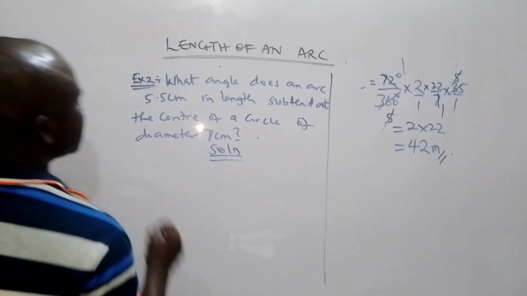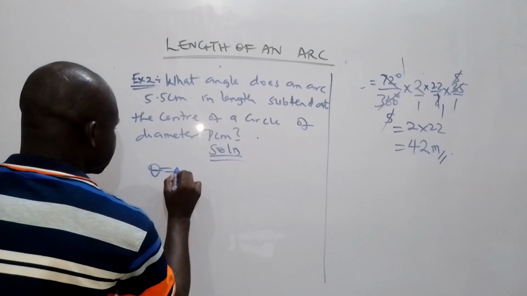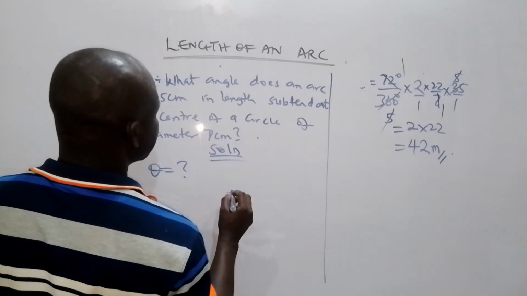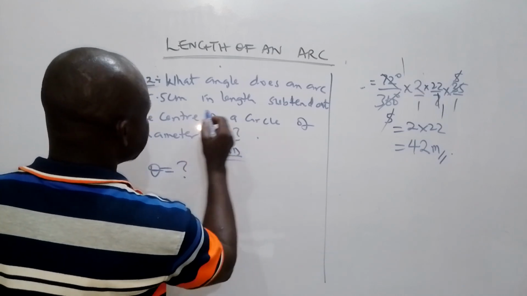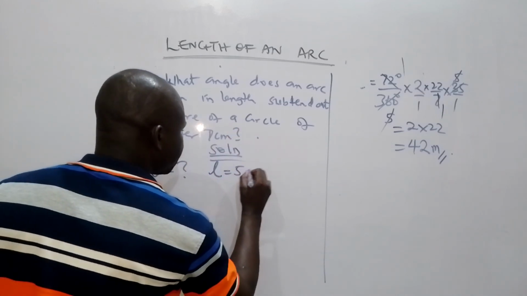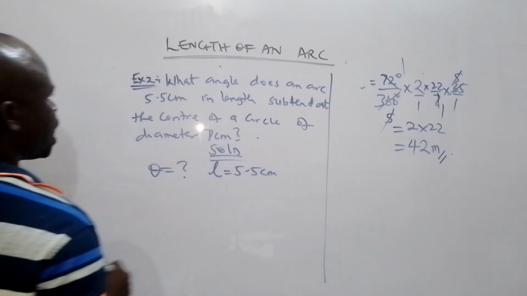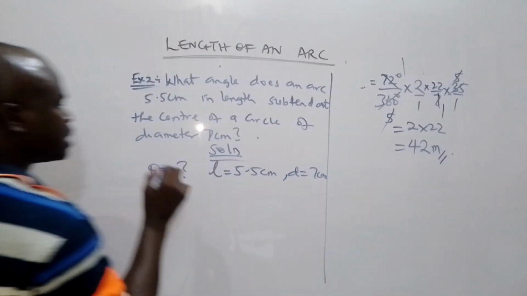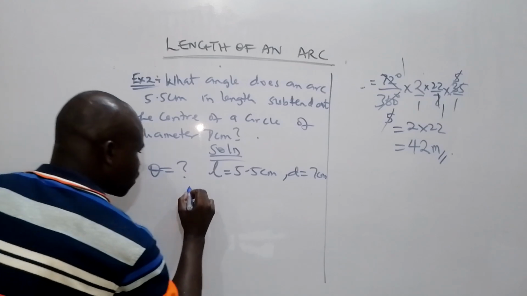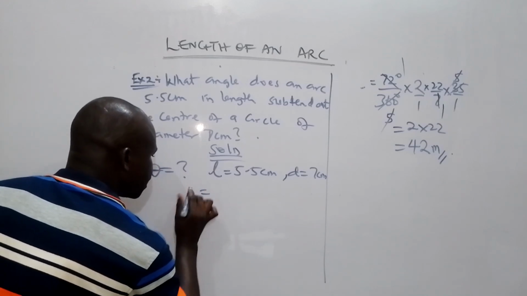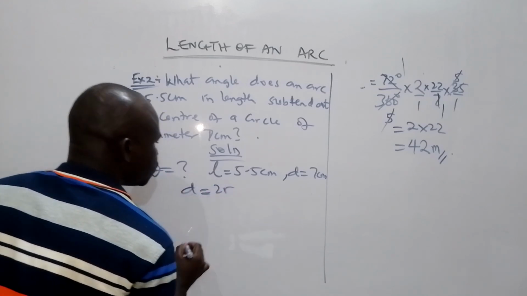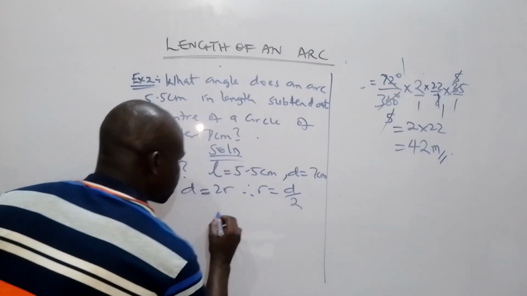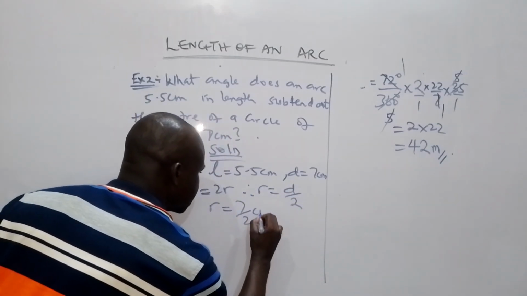So in this case now, we want to find theta. The angle theta is unknown. We are given the length of this arc, 5.5 centimeters. Then we are also given the diameter to be 7 centimeters. But in the formula we have radius, not diameter. Just convert it. Diameter is equal to 2r, therefore r is equal to d over 2. Then r will be equal to 7 over 2 centimeters.